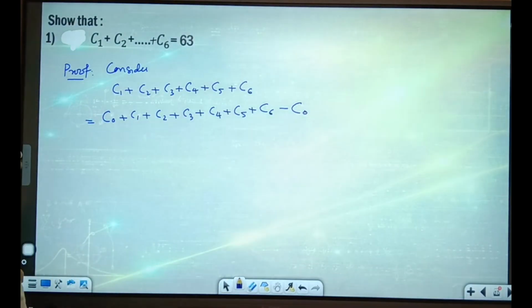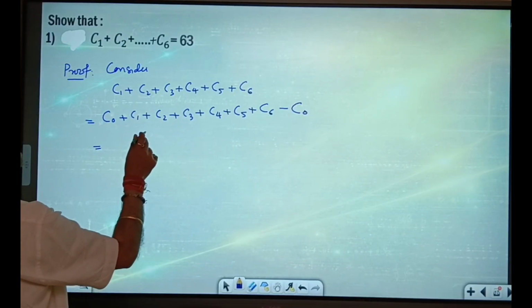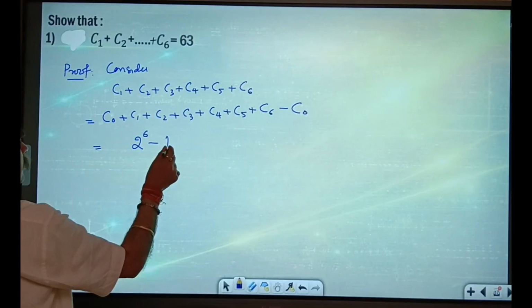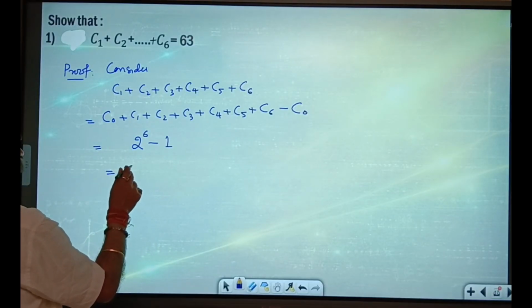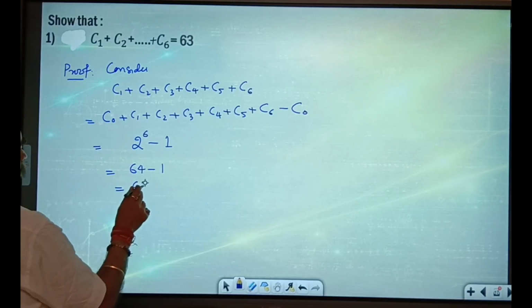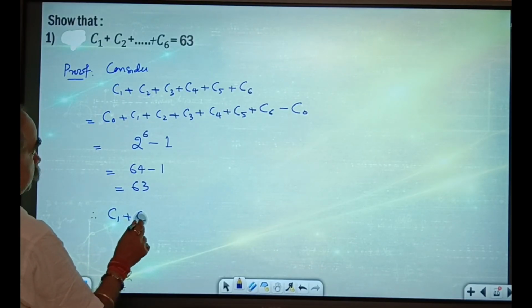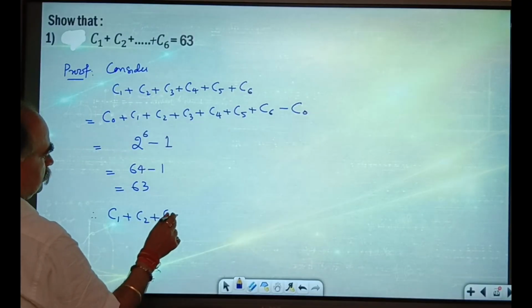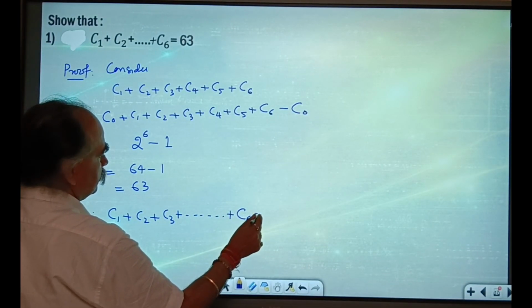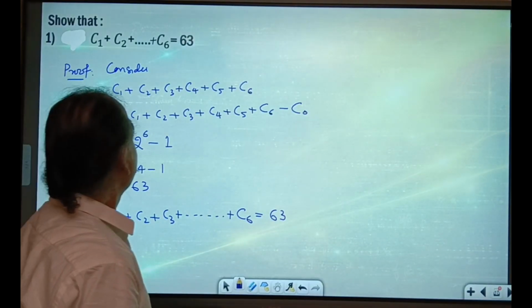Add and subtract C0. Now this is 2 raised to 6, and C0 is 1. 2 raised to 6 is 64. Therefore, C1 plus C2 plus C3 and so on plus C6 is 63.